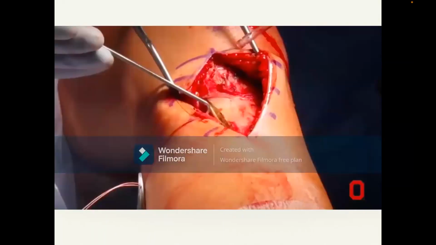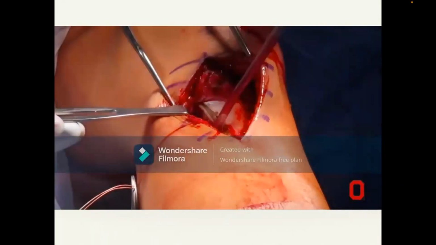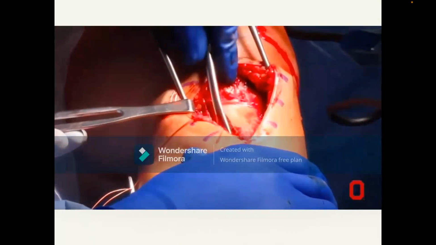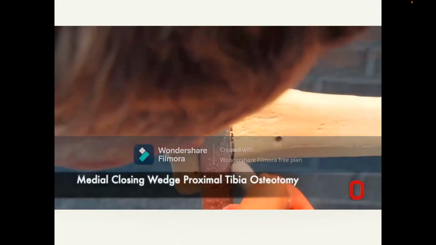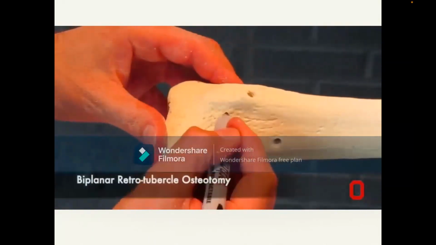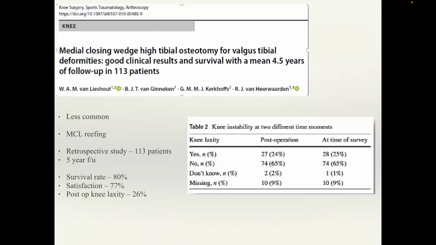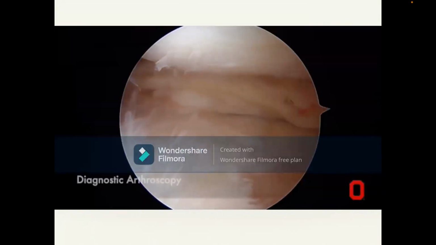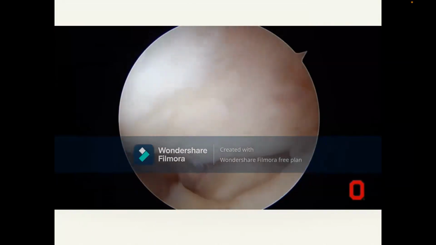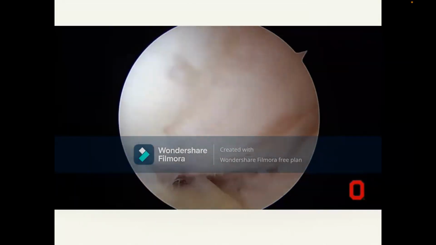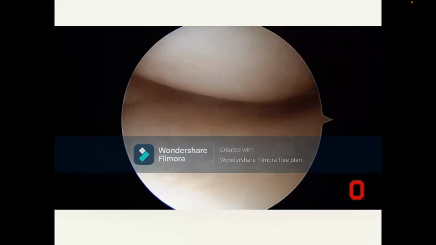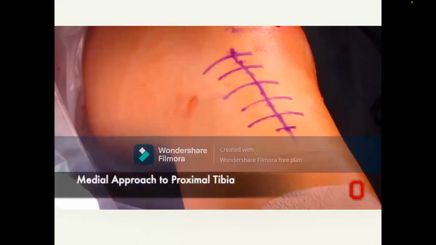So now coming to the direct approach, the periosteum is elevated from the proximal tibia, and the superficial MCL is being split. This is the direct medial approach to the proximal tibia.